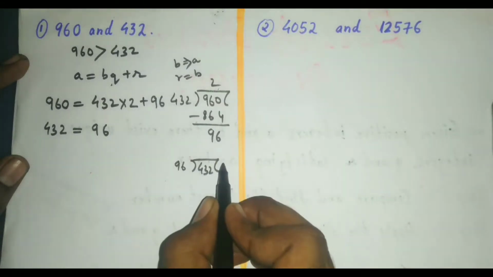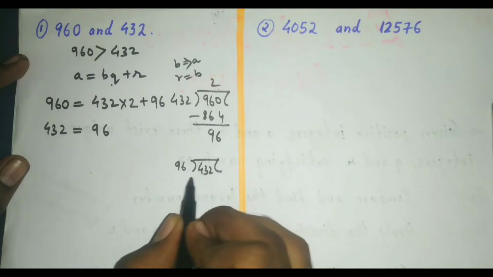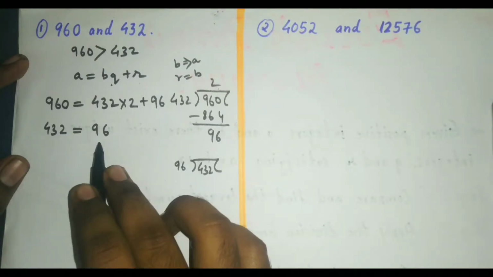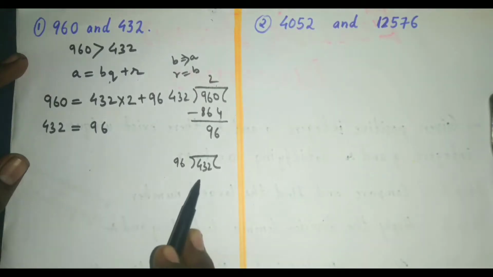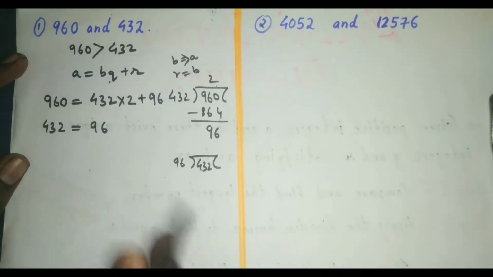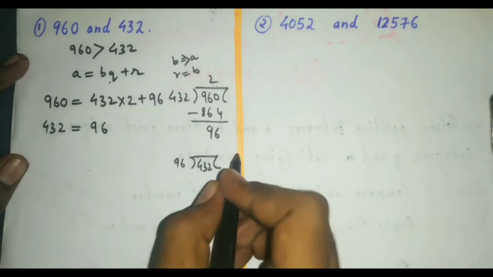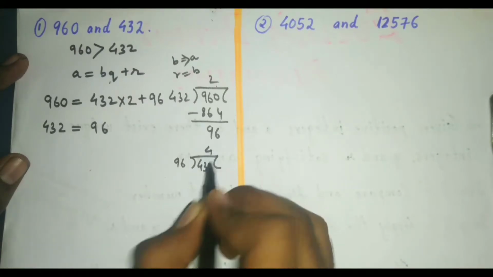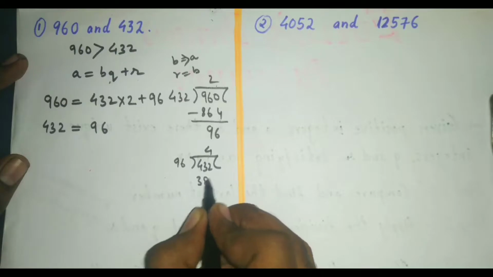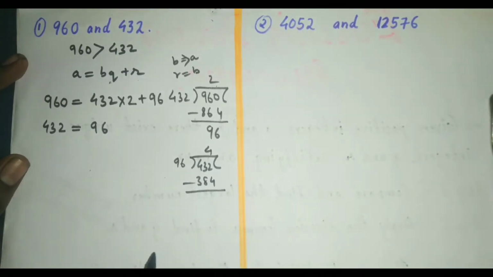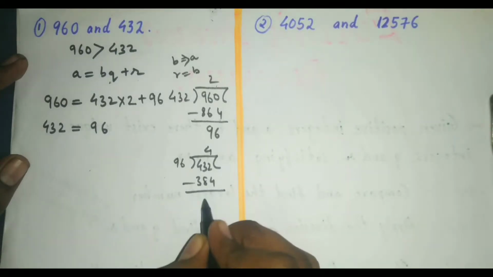So 100 into 4 we can say. So we can multiply 96 with 4, and we get 384.